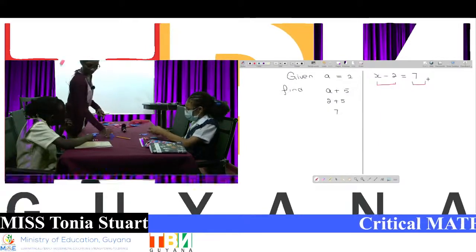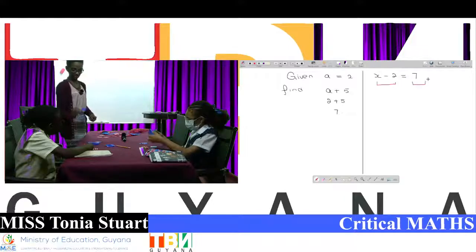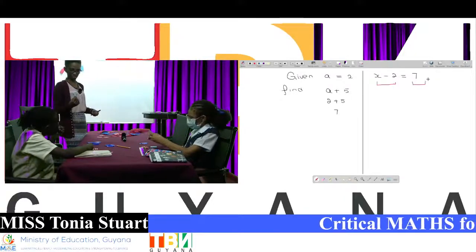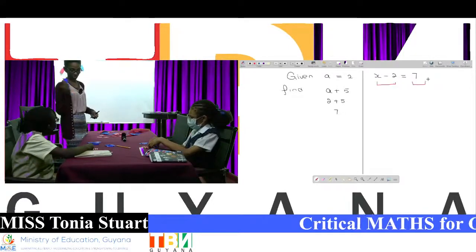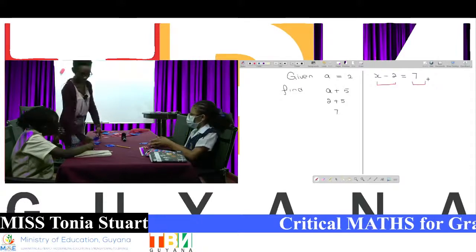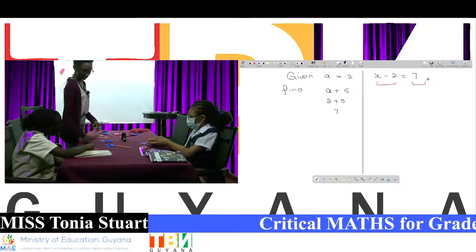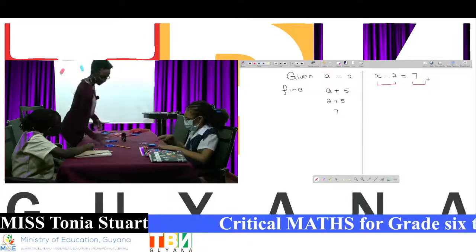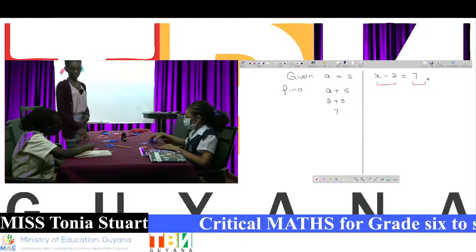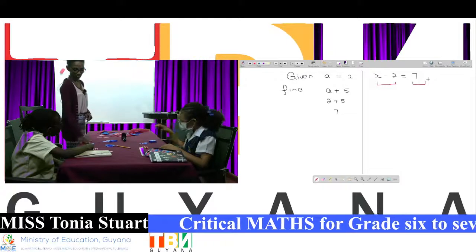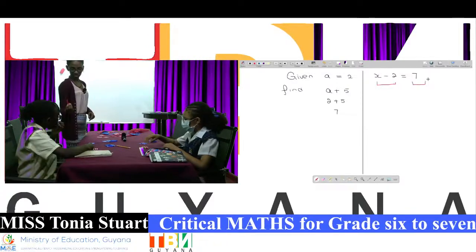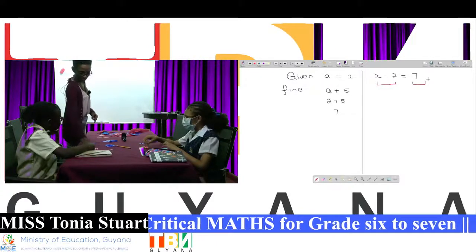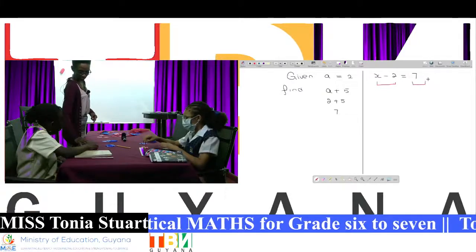So remember, one of the blue tiles will represent the unknown variable. So we have 1x, there's an x there, right? So you put 1x there, one variable, one of them, close by. Great. Now we have a minus 2. So with a minus 2, if you put 2, that's a minus 2.